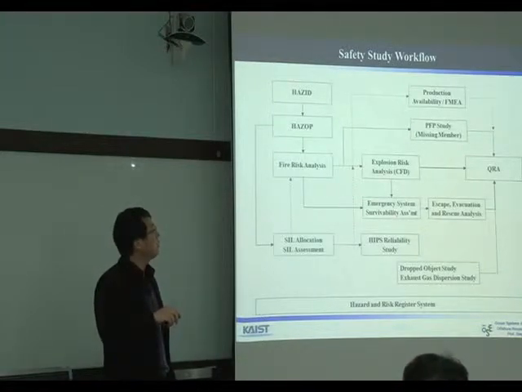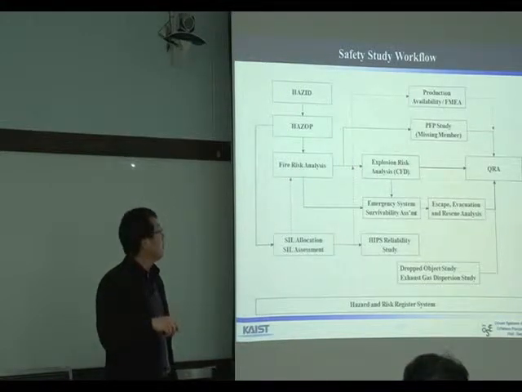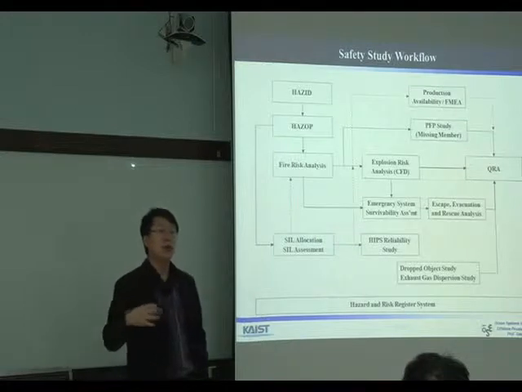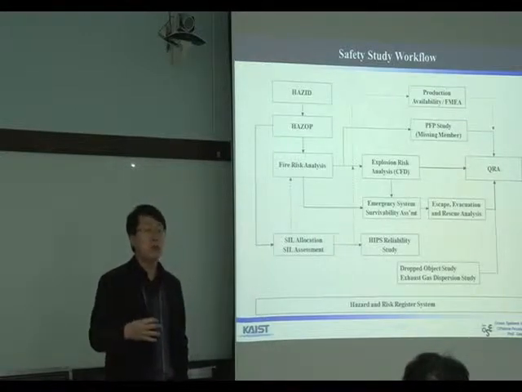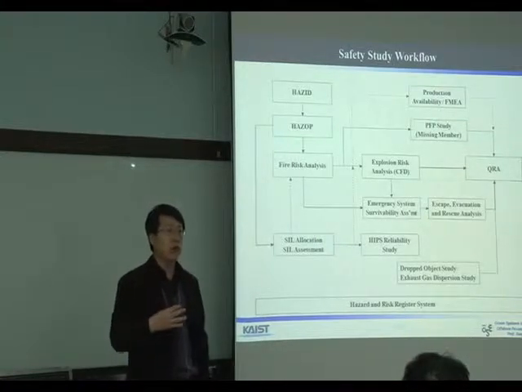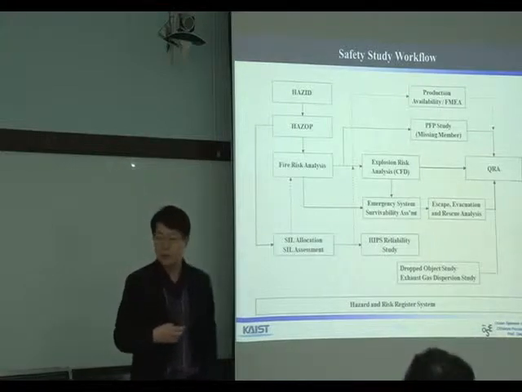Then we carry out explosion risk analysis, the PFP study, and the system reliability assessments: SIL allocation, HAZOP reliability, and production availability. Then all the studies should be integrated in one report. That report is called QRA, Quantitative Risk Assessment.